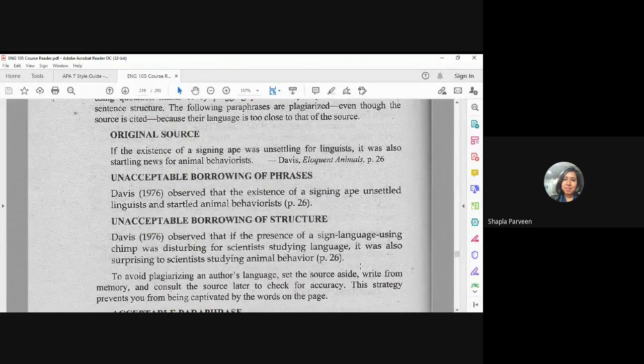So, synonyms have been used. Like when you say sign language using chimp, signing ape, signing changed to sign language, ape changed to chimp. These are synonyms. Was disturbing to scientists studying language: linguists, they are scientists studying language.